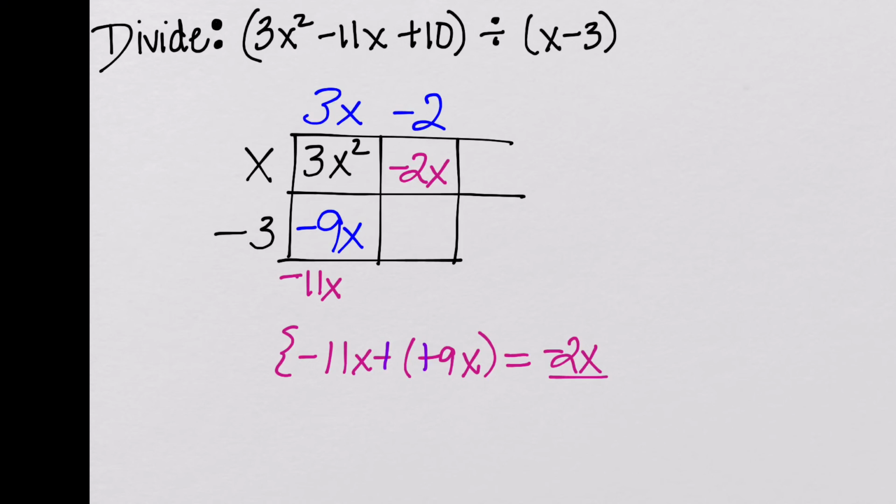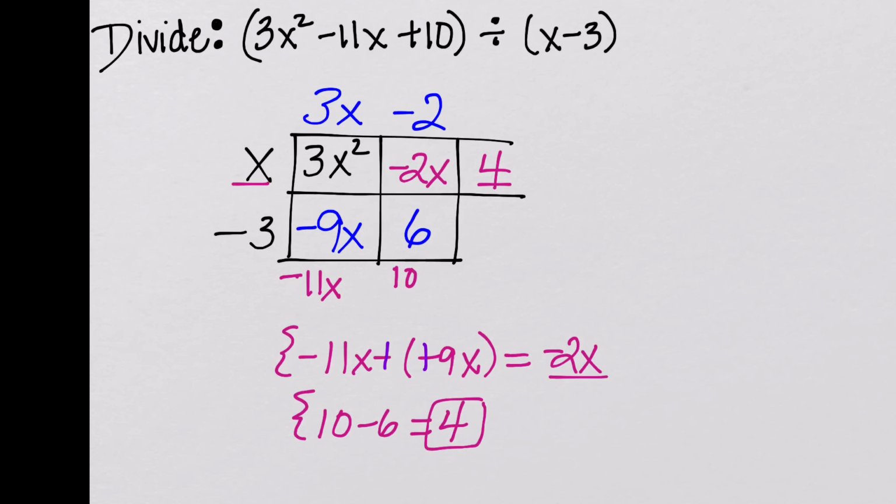And leaving our final box in the bottom to be negative 3 times negative 2, which is positive 6. We needed the two boxes to add to 10. So if we subtract 6 from 10, 10 minus 6, we get 4. That's the number that's going to go up here. We can't make x look like 4, so we leave it as that.